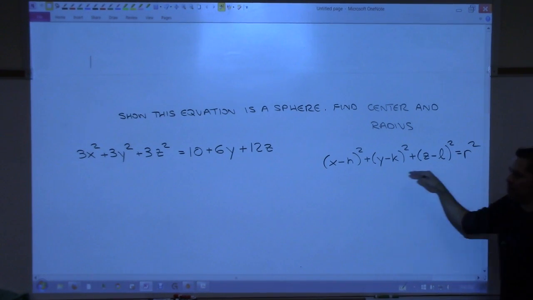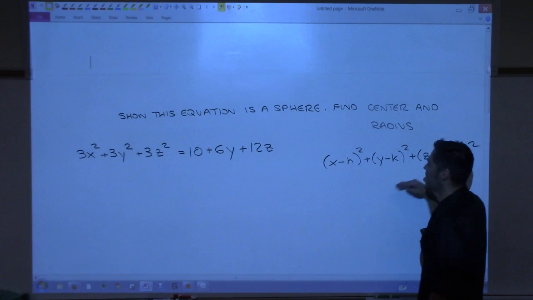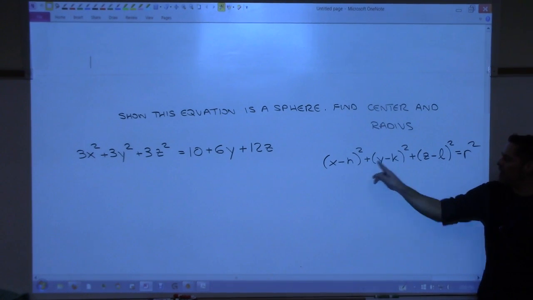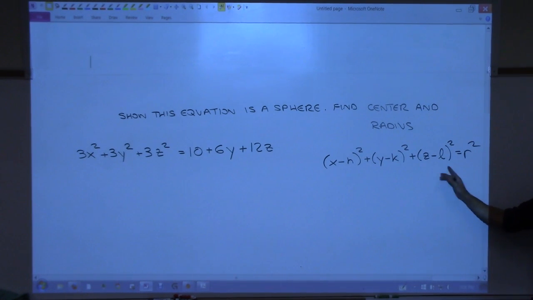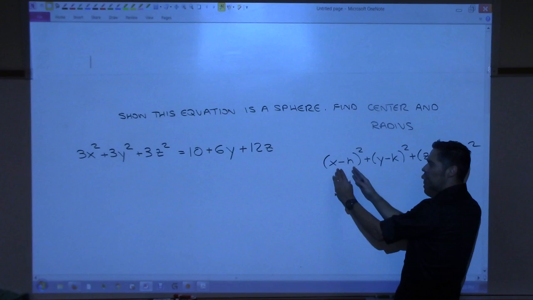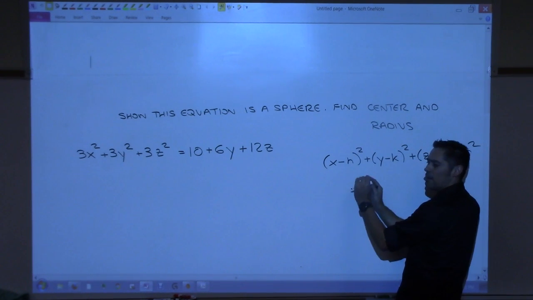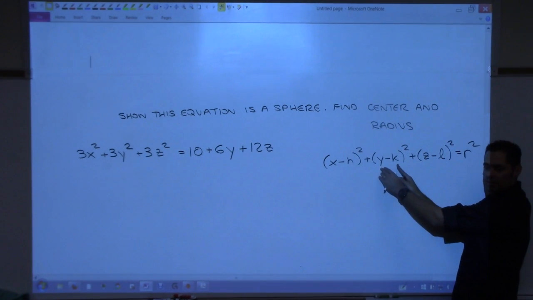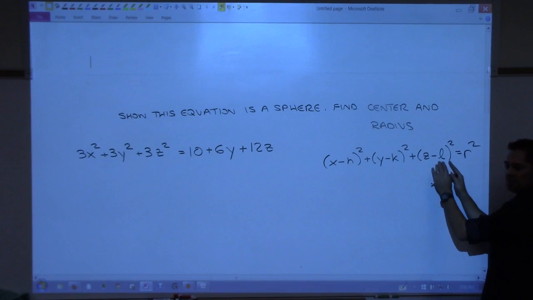If you can somehow turn this equation into this, you'll be able to identify h, k, and l, which will be the center, and you'll be able to identify what r is, right? So you need to somehow get a binomial expression in x squared, a binomial in y squared, and a binomial in z squared, yes?